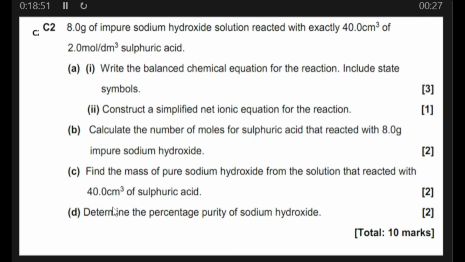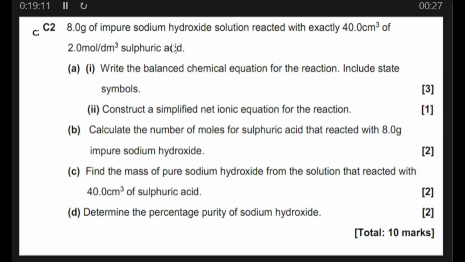Since we are given 8.0 gram of impure, we don't expect everything, the 8, to react. Only the pure part will react, and that's the one they want.